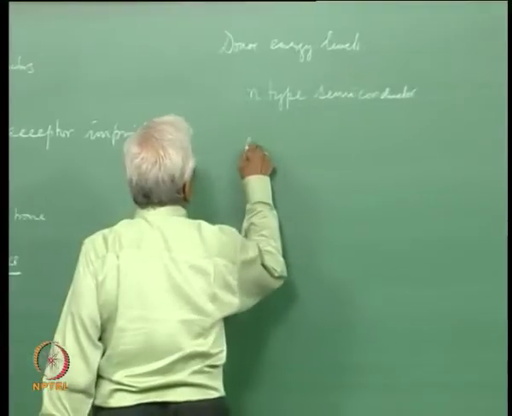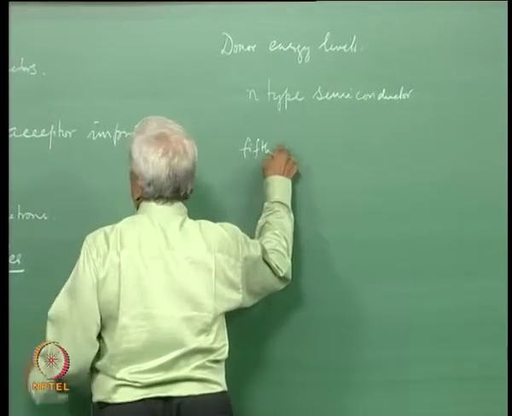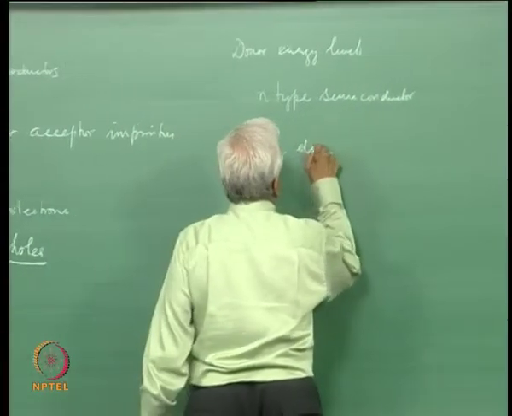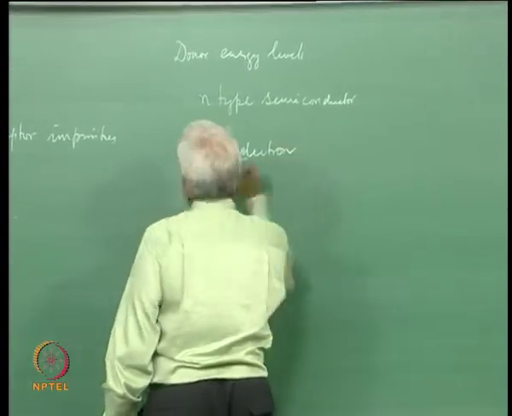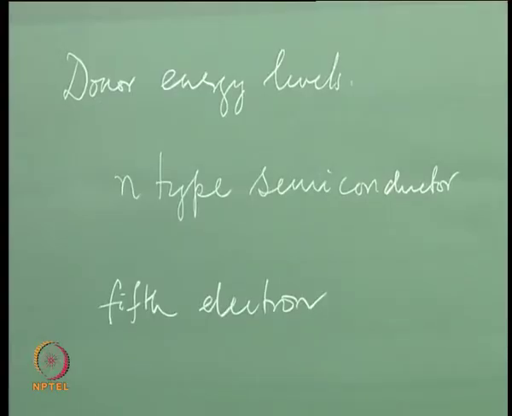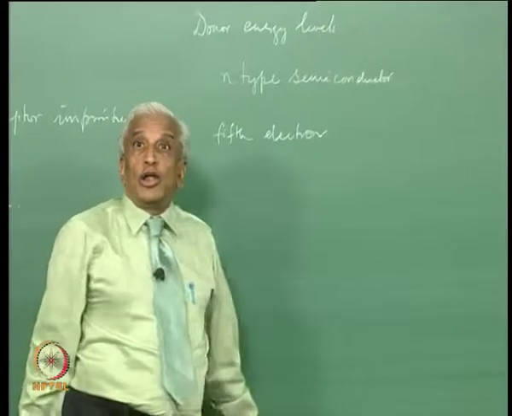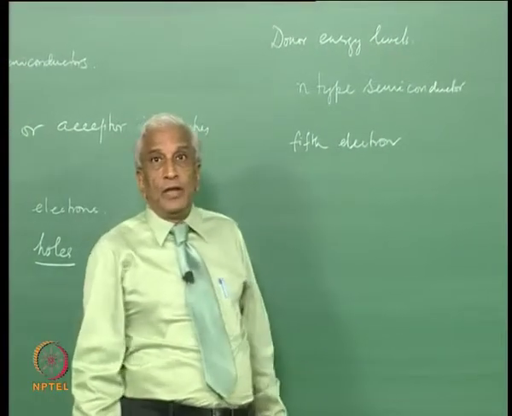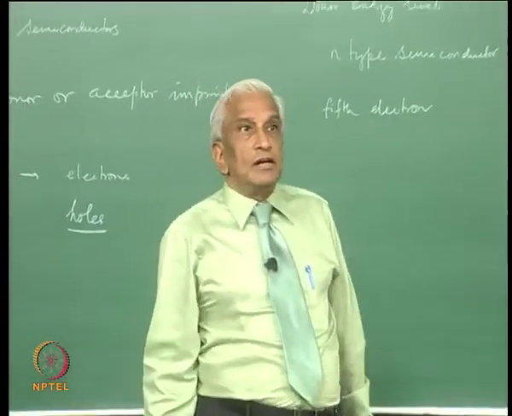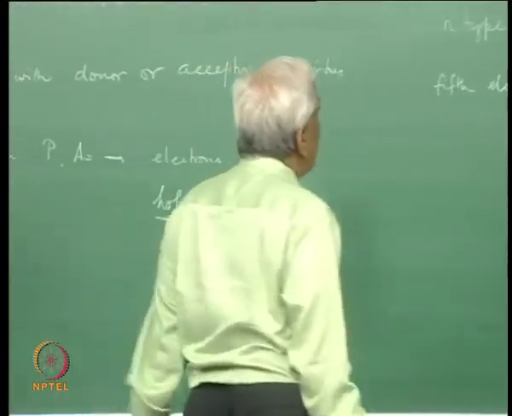So, the fifth electron in a pentavalent impurity is not able to get tetrahedrally bonded to the silicon orbitals, because the tetrahedral bonding allows only 4 electrons.